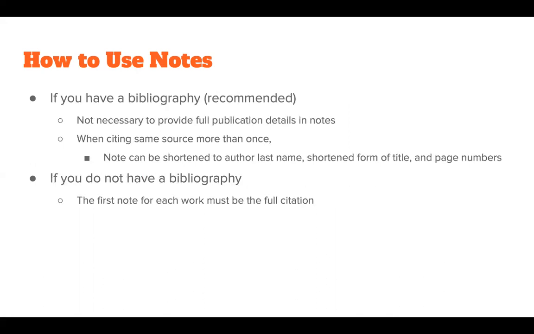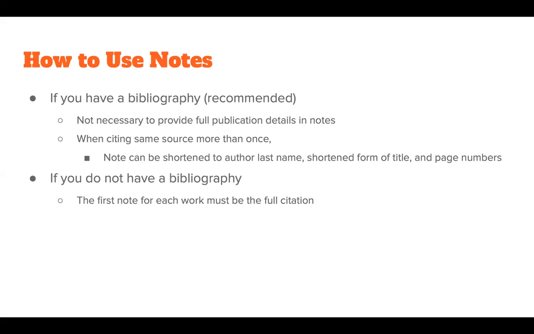And then some differences in what goes into the footnotes or endnotes depends on if you have a bibliography or not. So if you have a bibliography, which is recommended, which is often required by professors, it's not necessary to provide full publication details in the notes.